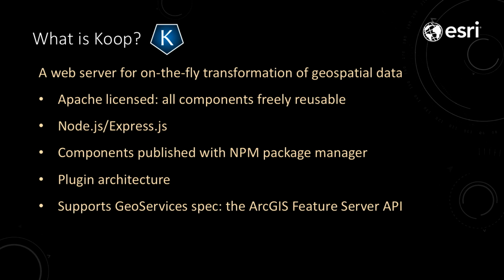It leaves data in place in the format that it's found in, and then it delivers it on request to a different format. So you can just leave your data where it lives, and you can get it in whatever format you want. Koop is completely open source.